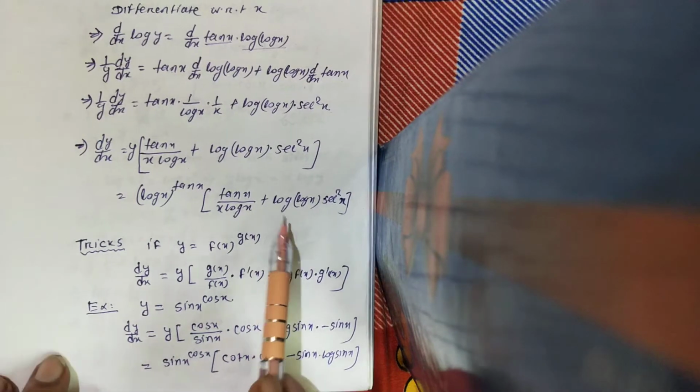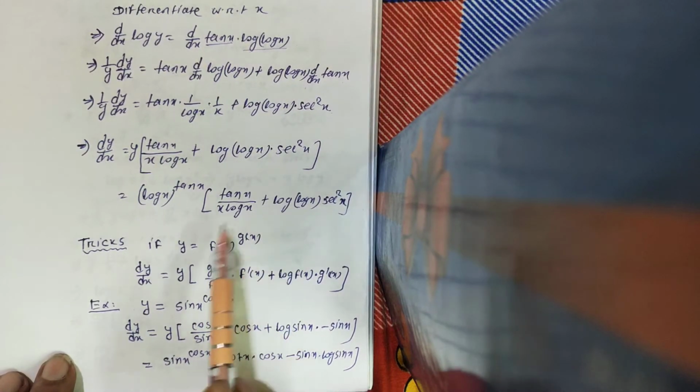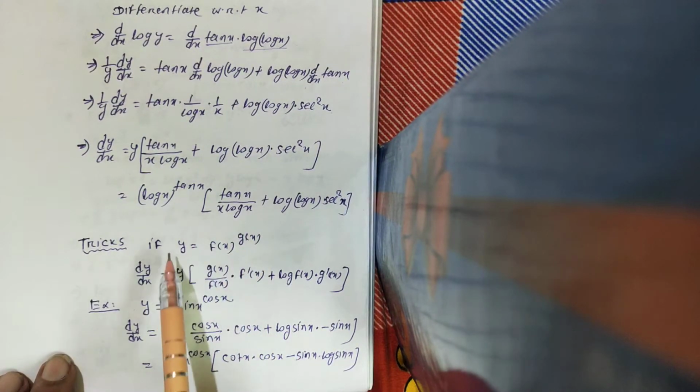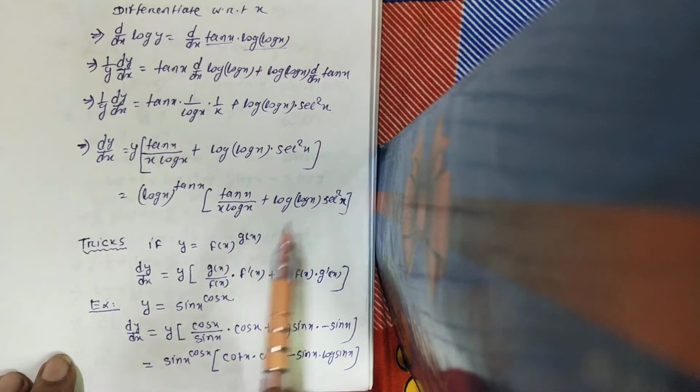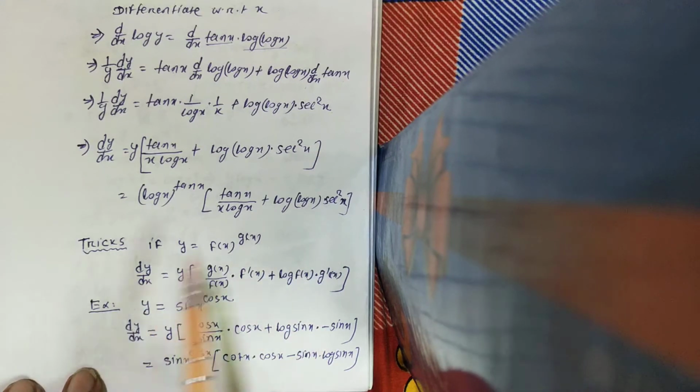Now this problem also can be solved using a trick. If this question carries only 1 mark, then you can use this trick to solve this problem. So what is the trick I am telling you?